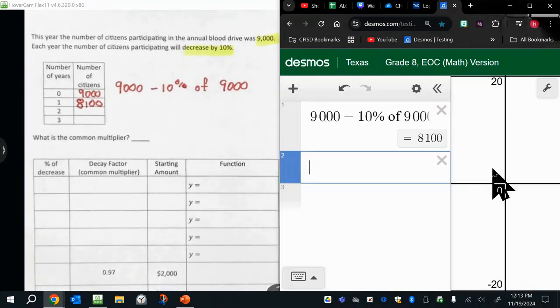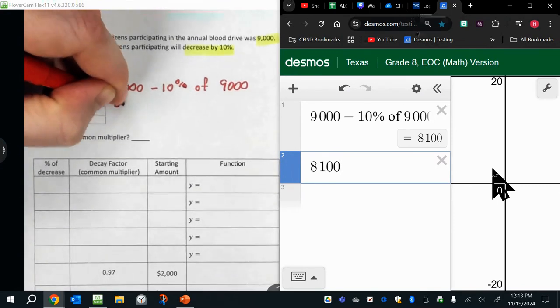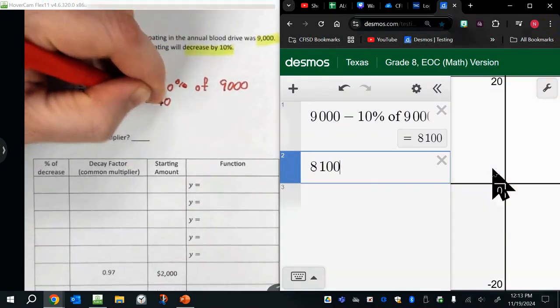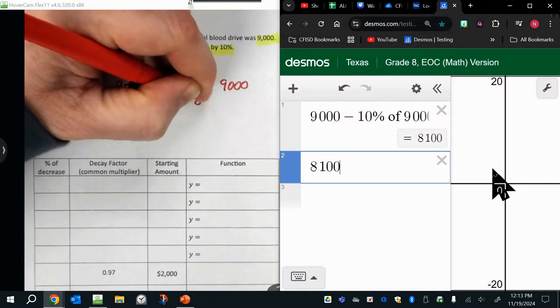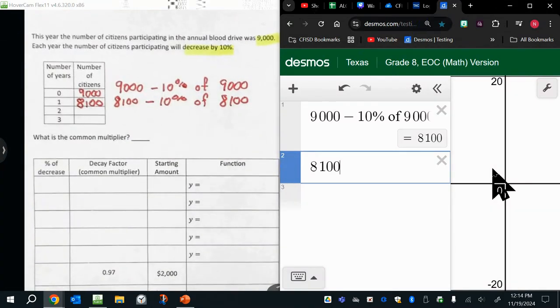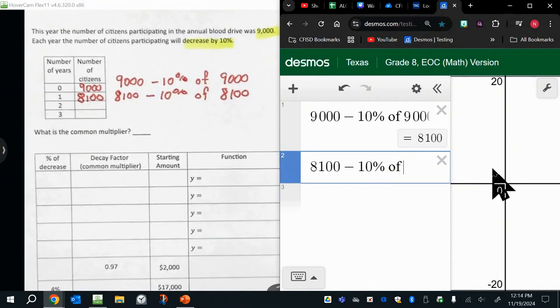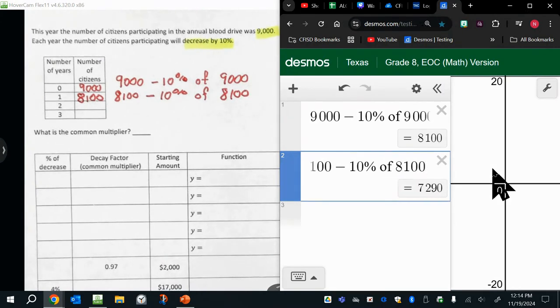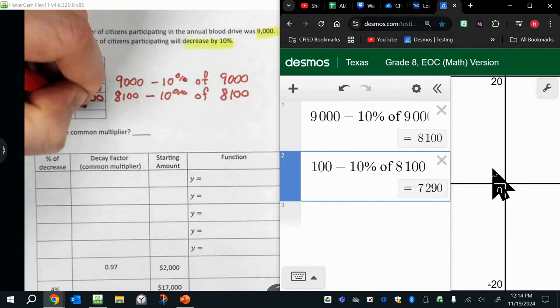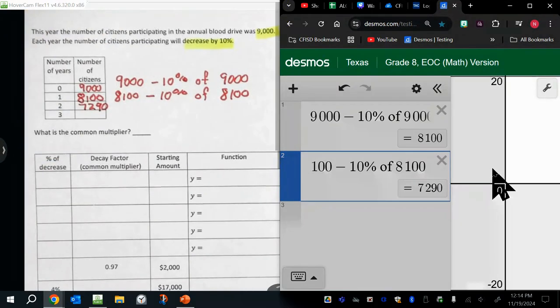Now I'm going to take 8,100 and take 10% away from 8,100. And I get 7,290.